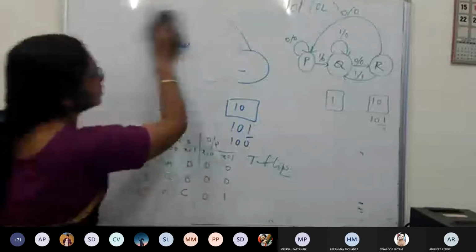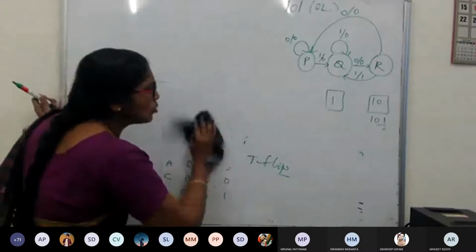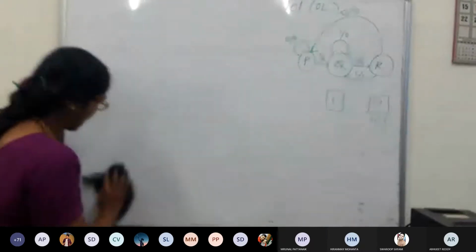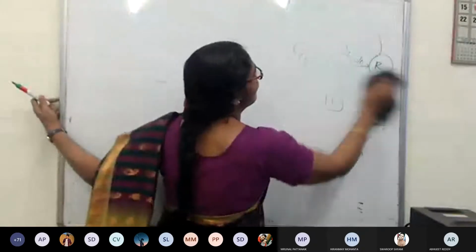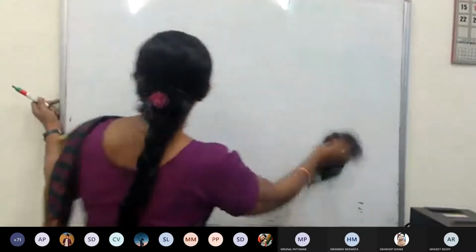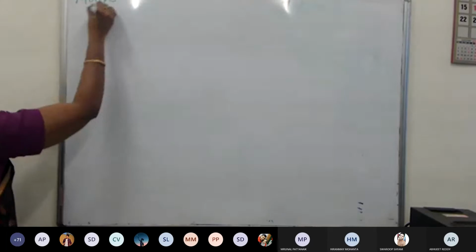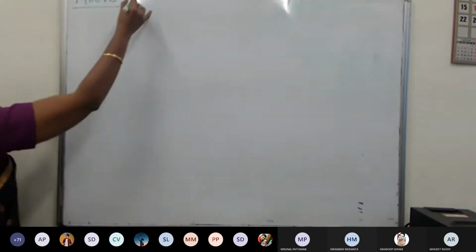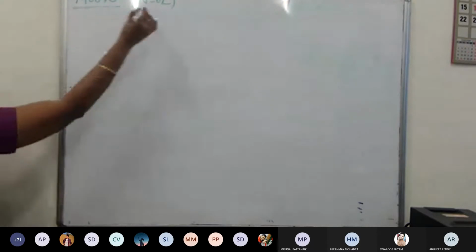Now, Moore is also very simple. Don't get confused. Moore has told that the number of states used is more than Mealy. So for non-overlapping, for the same example, I will start.